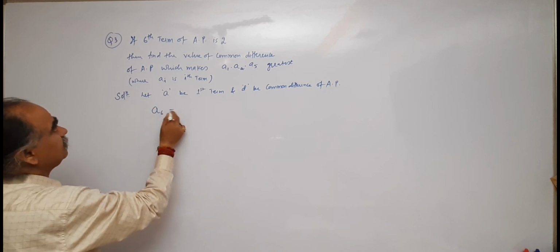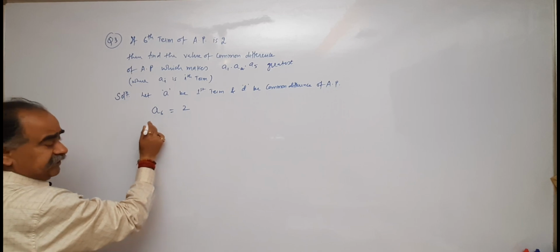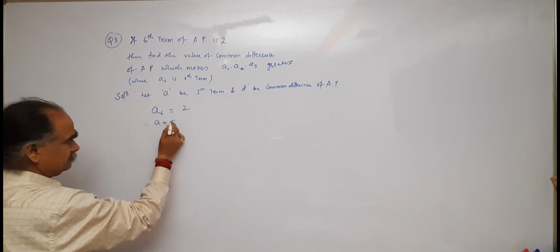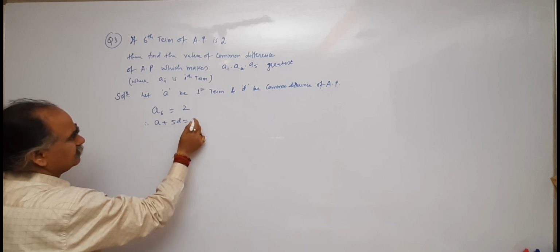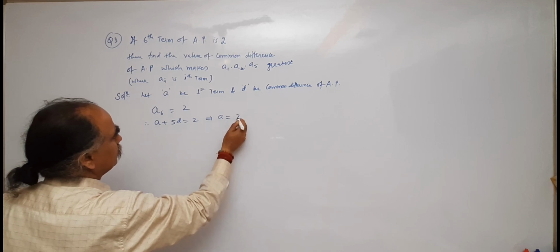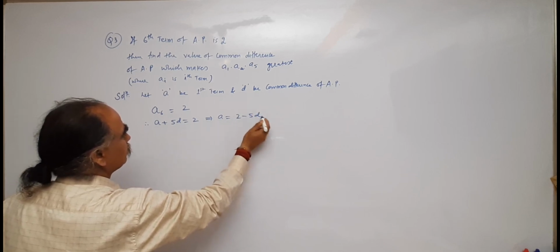A6 is given to be 2, but A6 is what? First term plus 5D. So this implies A is what? 2 minus 5D.